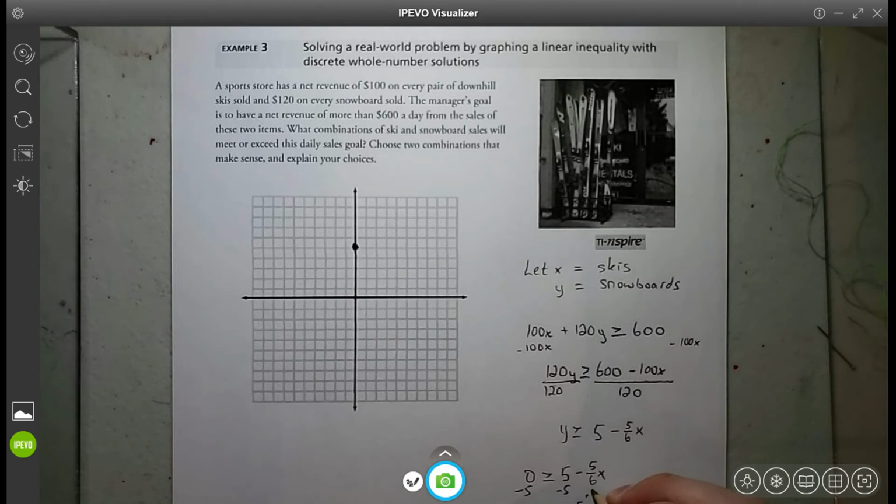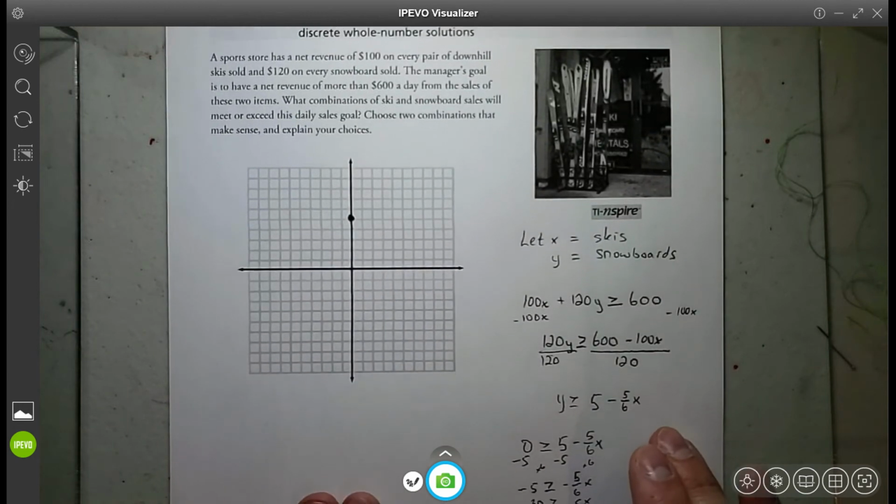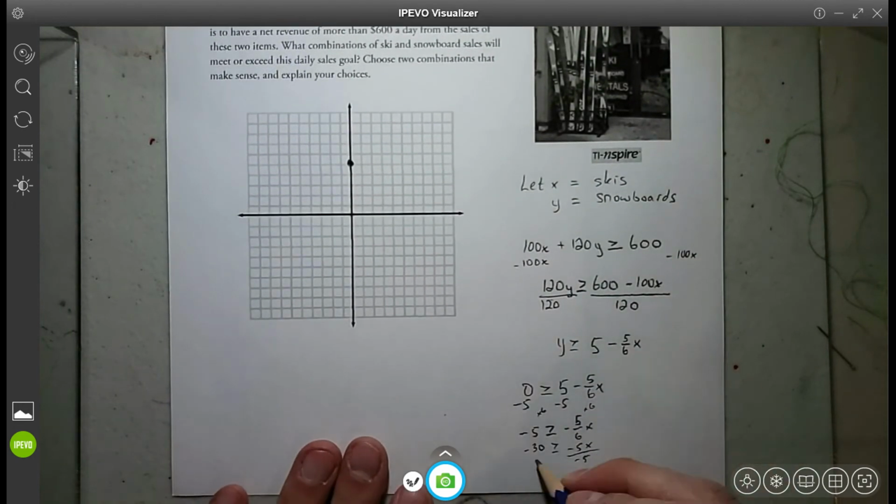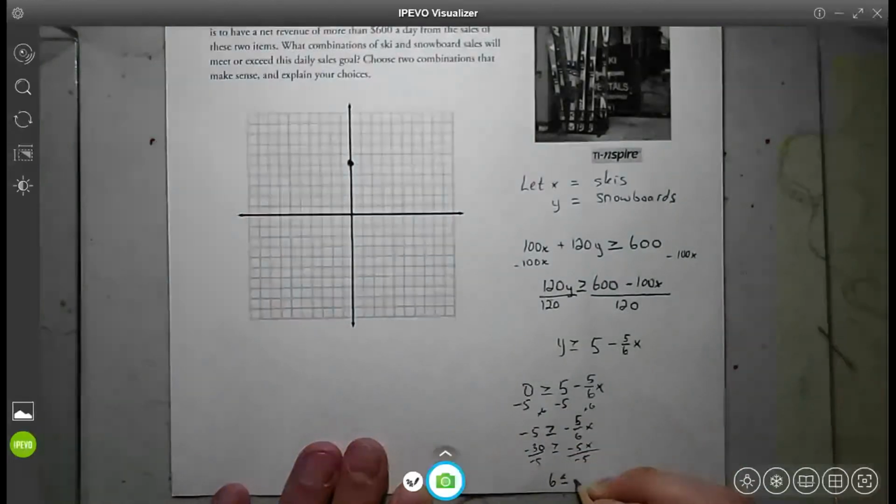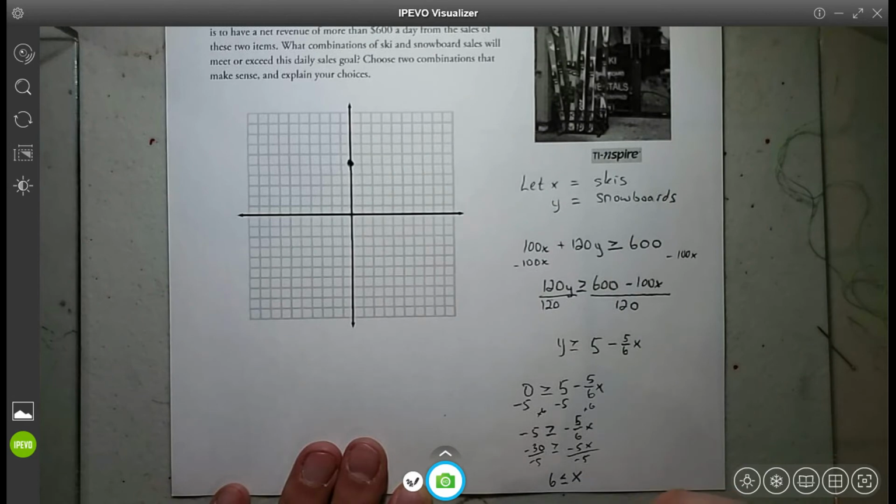We'll multiply both sides by 6. And we'll divide both sides by -5. And because we're dividing both sides of an inequality by a negative number, we have to switch the alligator. So we end up with 6 is less than or equal to x.